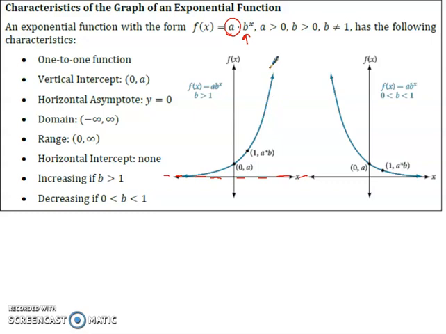But if your b value is between 0 and 1, for example 1/2 like we saw in the last graph, every x that we input is going to multiply by another factor of that 1/2, making our function become smaller and smaller as the x increases. So that would allow us to have this decreasing function.